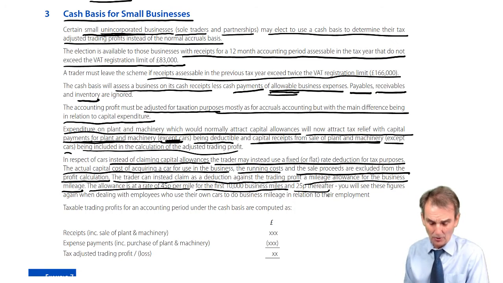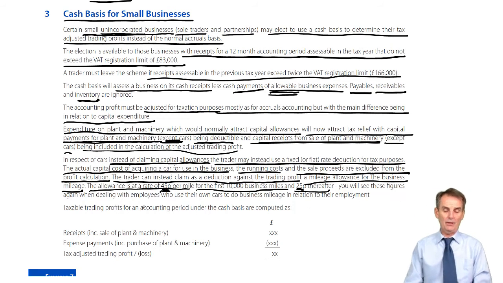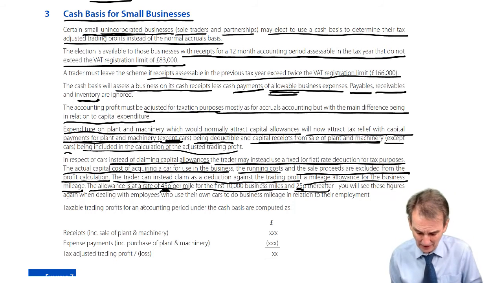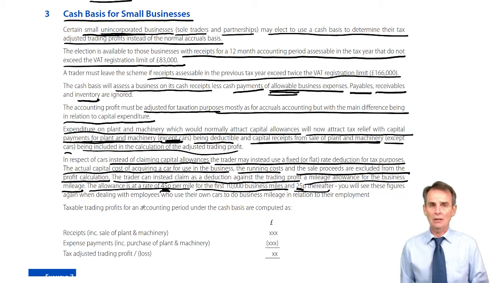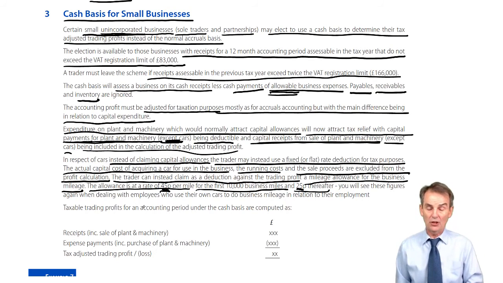And these are the so-called authorised mileage allowance payments. First 10,000 business miles, 45 pence per mile, thereafter 25p. Now, as I said, we will see those when we deal with Chapter 9. Also, these figures of 45p and 25p are provided to you on your fact sheet on your rates and allowances pages. So if you have a mental block and can't remember, you can look it up.